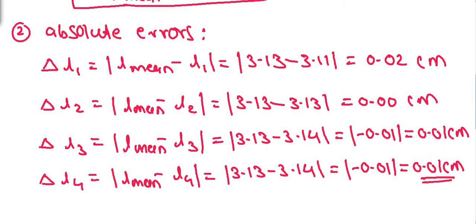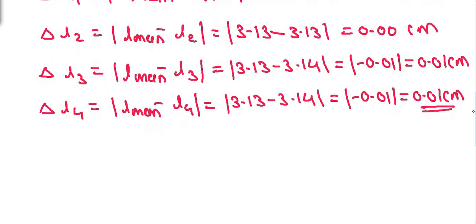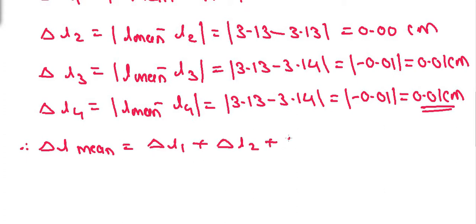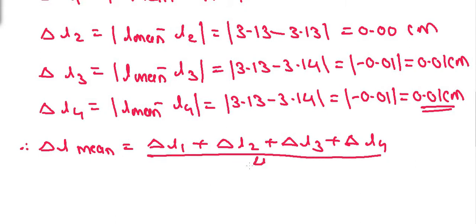Now let us find out the mean absolute error. Therefore, delta L mean is equal to delta L1 plus delta L2 plus delta L3 plus delta L4 total divided by 4.